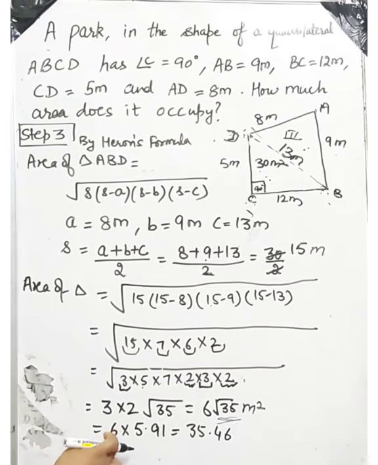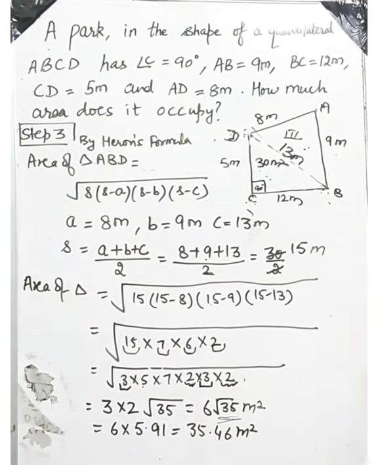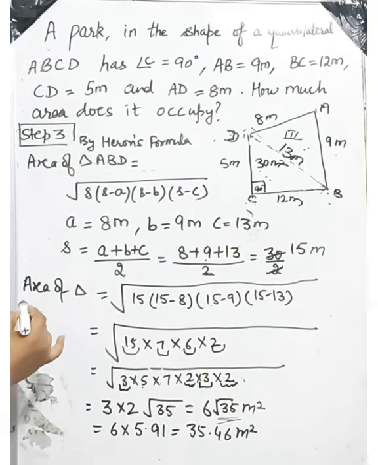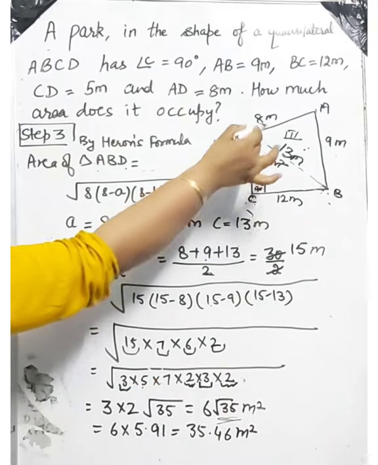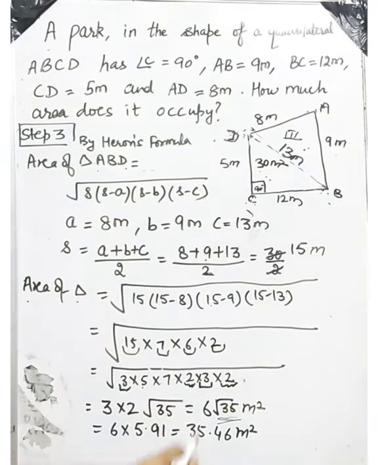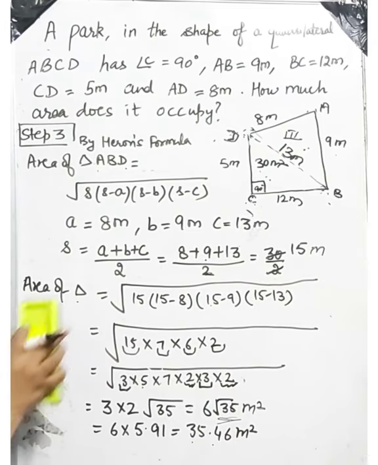Then the product will be equal to 35.46 meters square. Now we have calculated the area of triangle ABD. Area of triangle ABD is equal to 35.46 meters square.